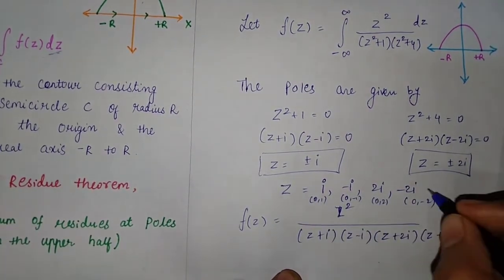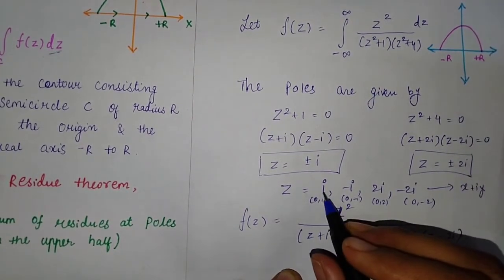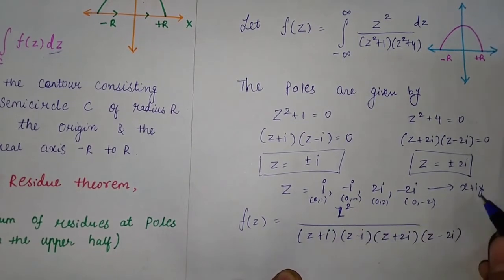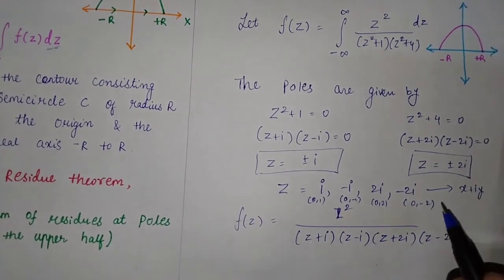આ કઈ રીતના આવે છે કે આને x plus iy સાથે કમ્પેર કરો, then for i કમ્પેર કરો તો x ની વેલ્યુ 0 આવશે અને y ની વેલ્યુ 1 આવશે. એવી રીતના આપણને આ પોલ્સ મળે છે, પોઈન્ટ્સ મળે છે.